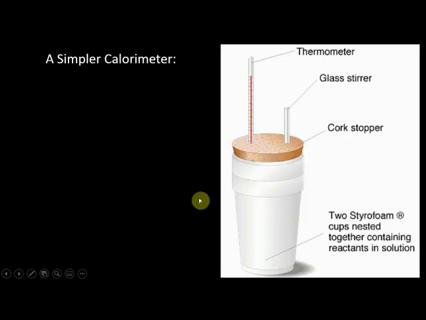So we generally use one of these, a styrofoam cup calorimeter. Usually has lots of air to talk about in your write-ups. And sadly, we won't be doing these this year. But usually we nest a couple of styrofoam cups, and then rather than a cork, we'll use another styrofoam cup set upside down over the top, and then punch a thermometer through there.